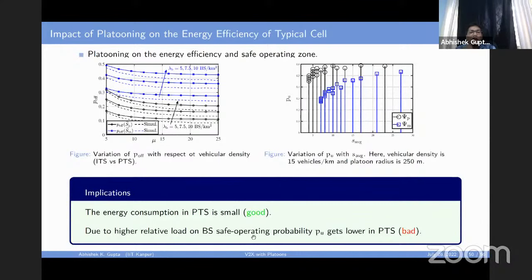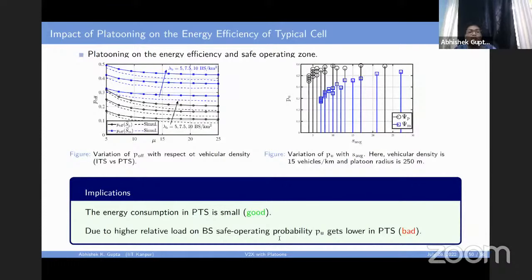But because of the platooning, there is more chance that a base station which has one user has more users, right? So platooning puts a correlation on the vehicles. If you see one vehicle, there will be more vehicles around it. Because of that, overall the load distribution becomes more disparate, which means you may have either zero vehicles or many vehicles.